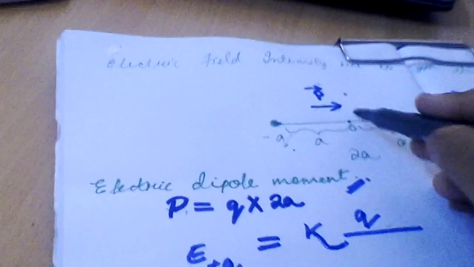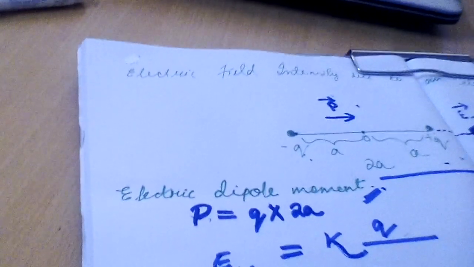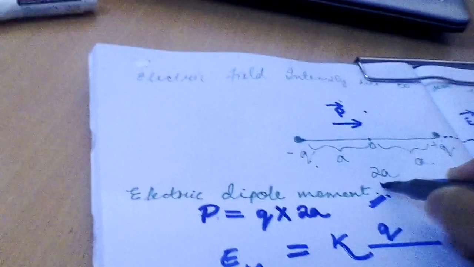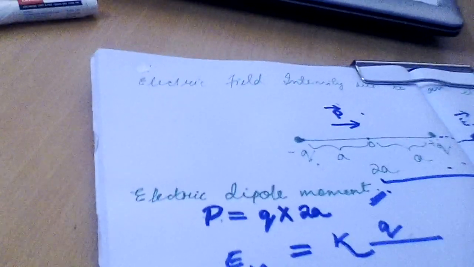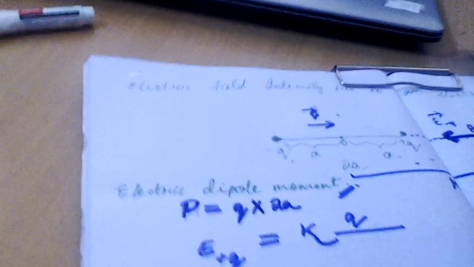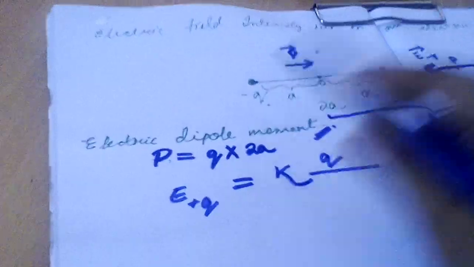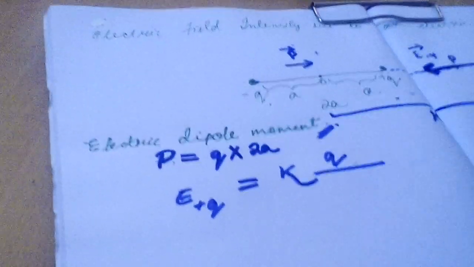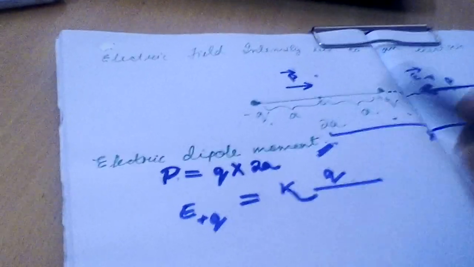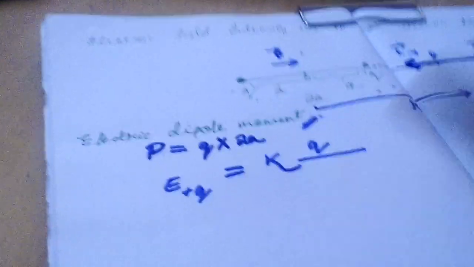Let's say the distance between the center of this dipole and this particular experimental point P is r. As we have already mentioned, this is twice a, so this is a, this is a, that is already done, but I just forgot to mention the distance between the center of the dipole and this experimental point at the axial position, and that is r.